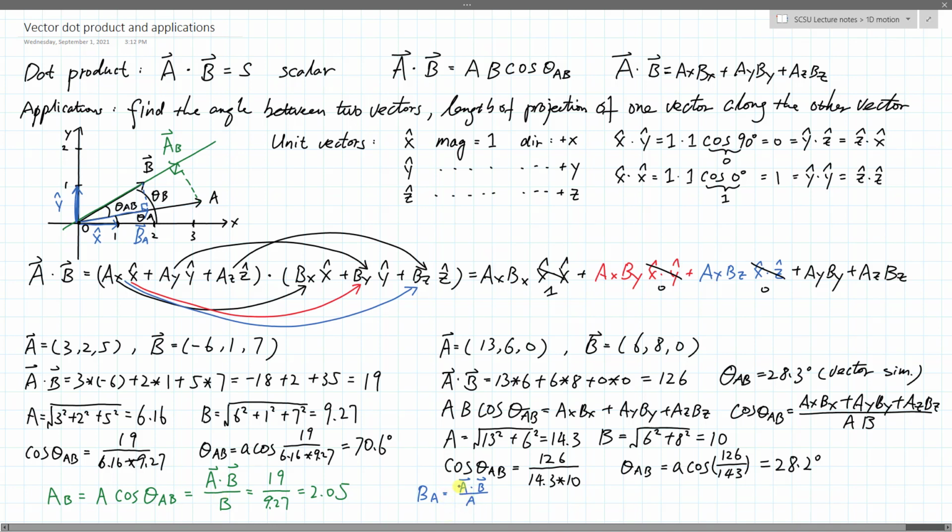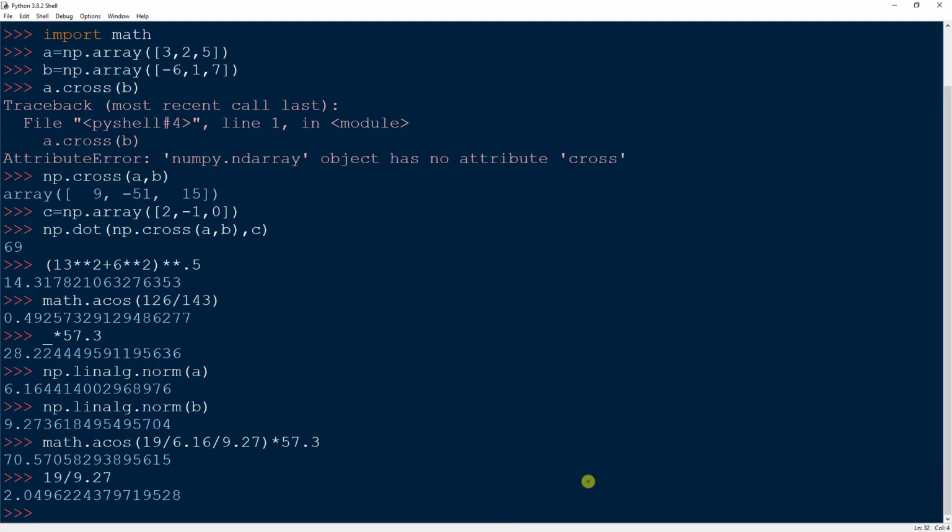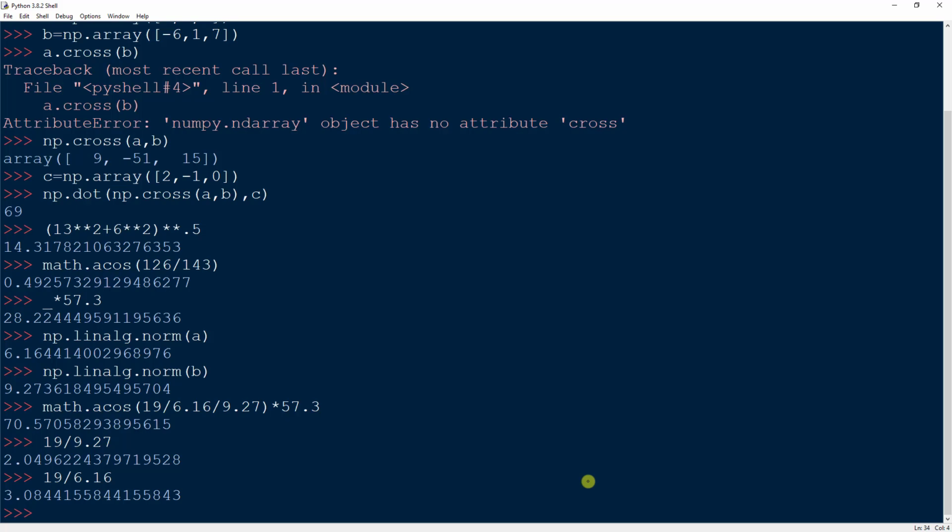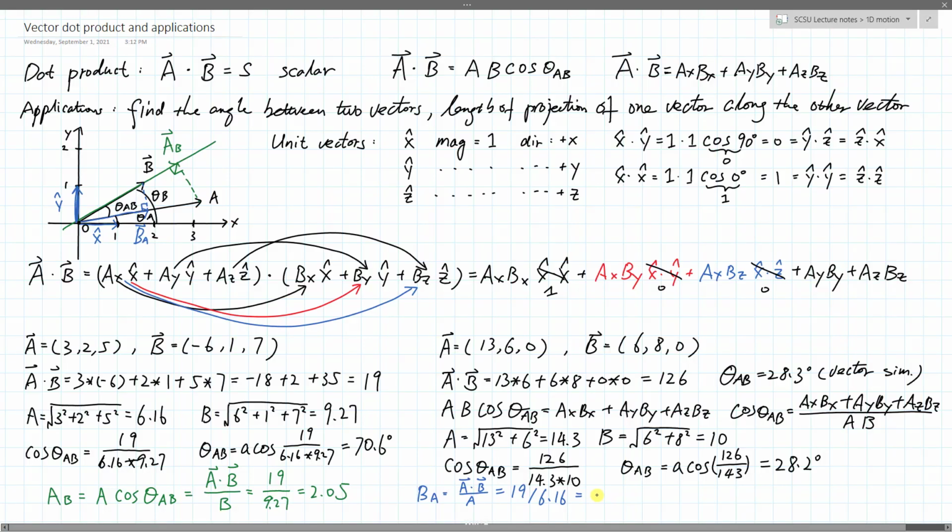So you can calculate that, and in our case it's 19 over A's magnitude 6.16. So let's calculate in Python. So we have 3.08. Alright, so if you wish, you can also do the same thing over here and see if you get the answer you expect. Alright, thank you.